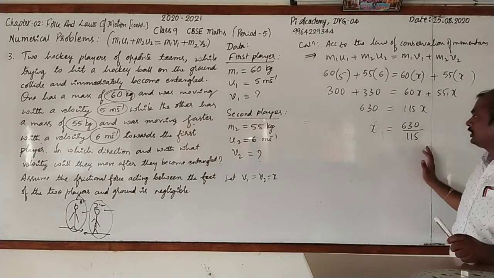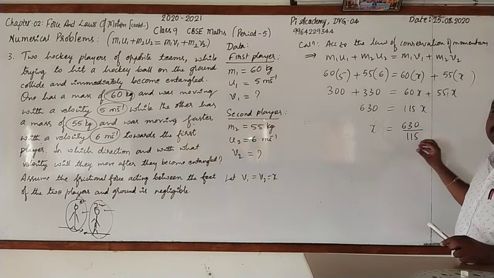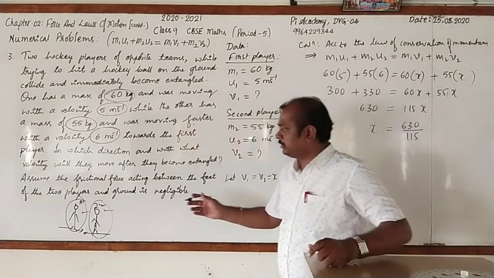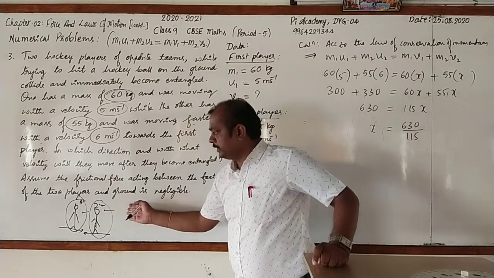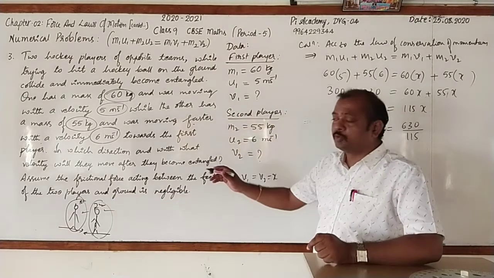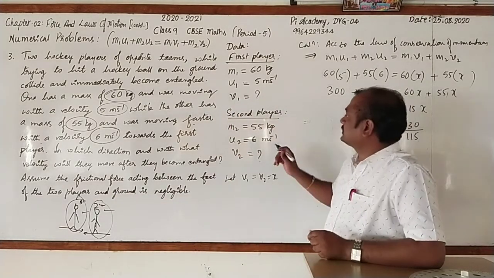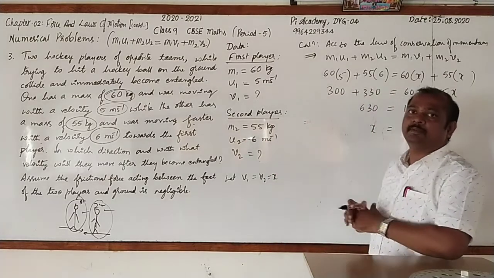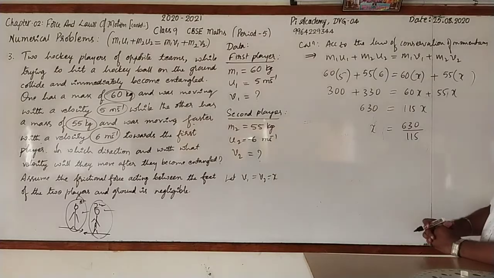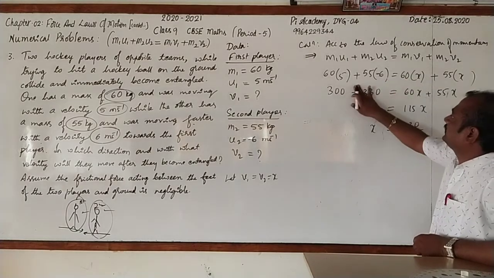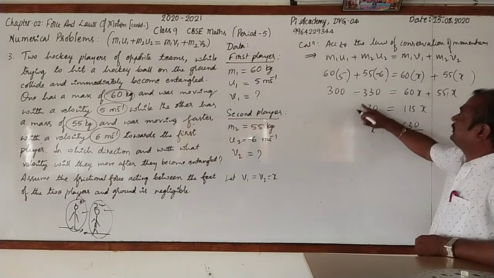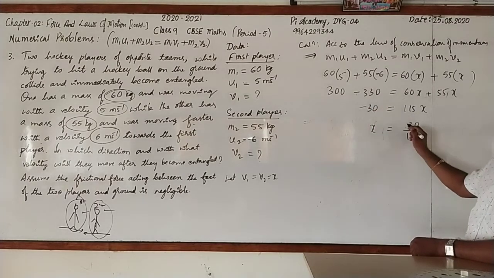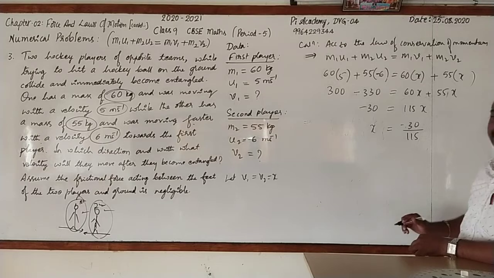Hope that you have got 5 point some digits. But actually, one more thing you must remember. The second player is moving towards the first player. Hence, here the velocity we have to take as minus 6 meter per second. So if it is minus, this will be minus 330, and then this is minus 30 by 115.